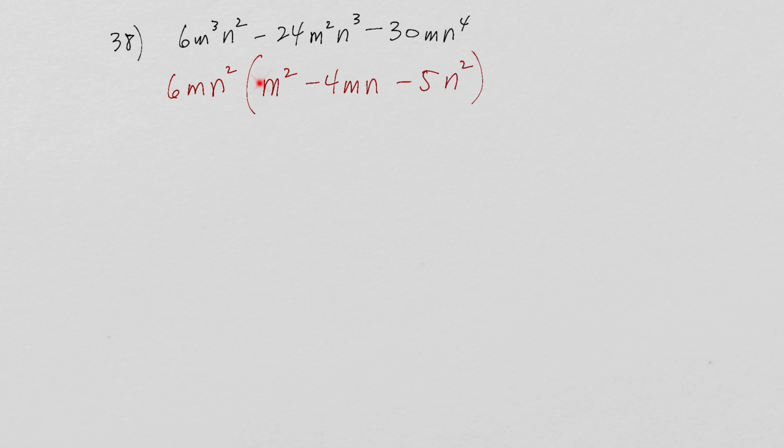I don't have a leading coefficient, so I don't need to factor by grouping. This is just going to be m like this, and I'm looking for factors of 5 that add up to 4. So negative 5 and positive 1, and don't forget the n. Oh, we're not going to write 1n, that's just going to be n.